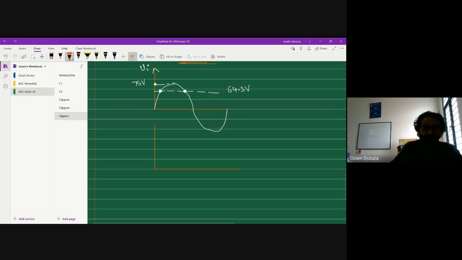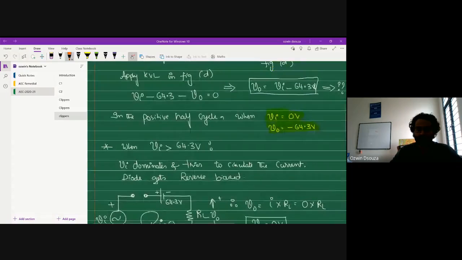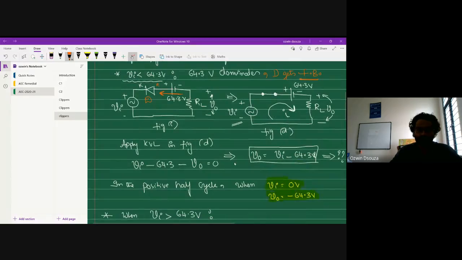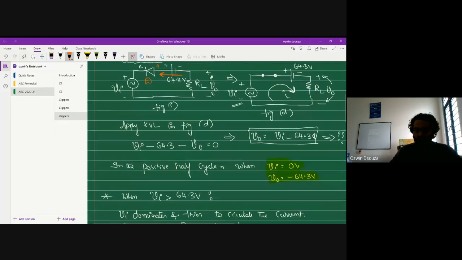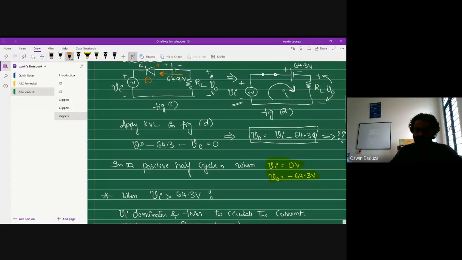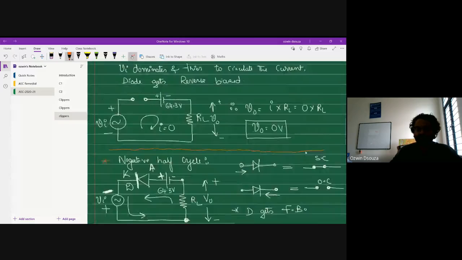Now let us consider the negative half cycle. What happens when your input is less than 64.3? When your input is less than 64.3, your output is basically an AC signal, and output is given as Vi minus 64.3 volts. So when your input is 0, output should be at minus 64.3 level.